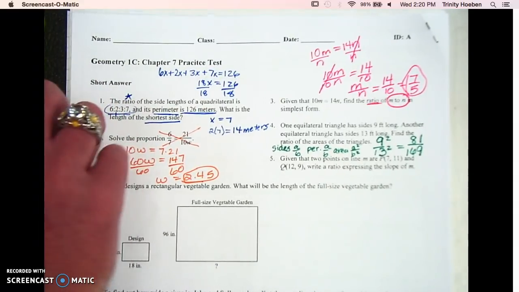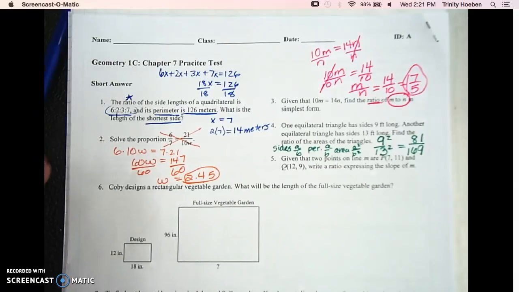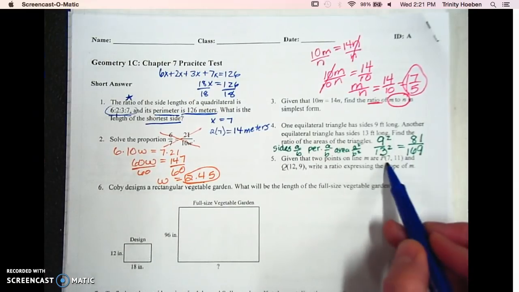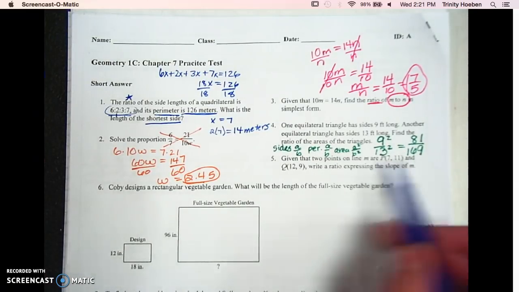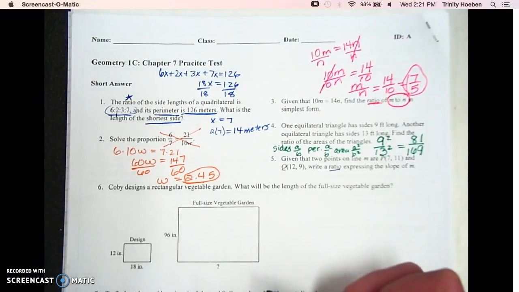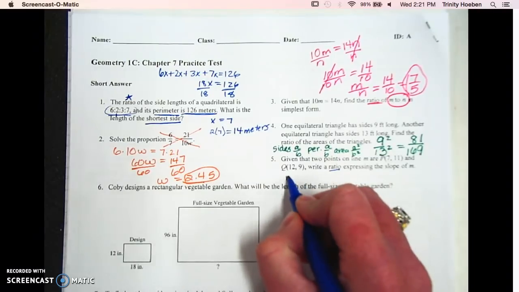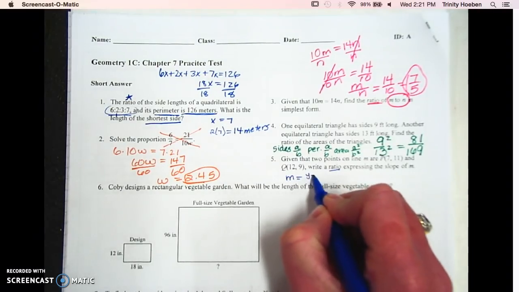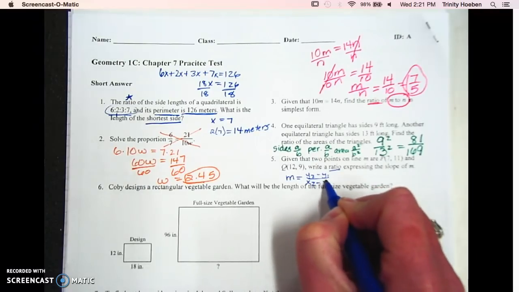Number 5, given that 2 points on a line are P at (7, 11) and Q at (12, 9), write a ratio expressing the slope. So I'm going to use the slope formula, which is m equals y2 minus y1 over x2 minus x1.